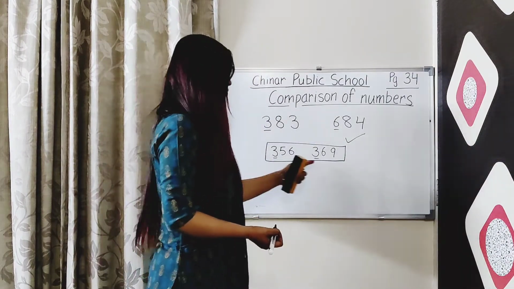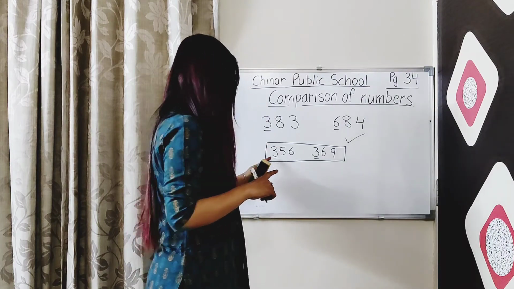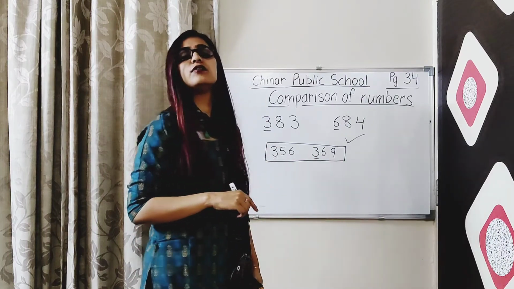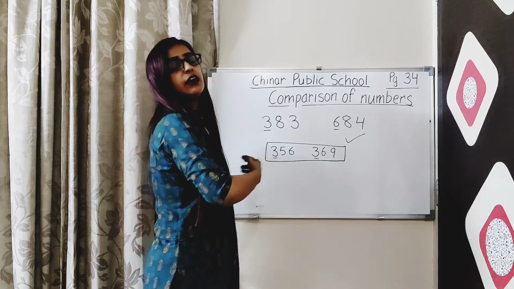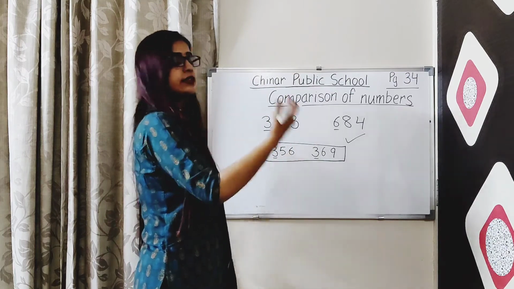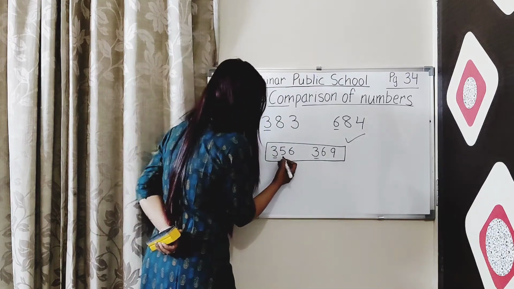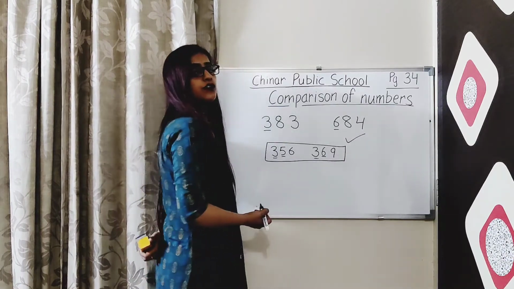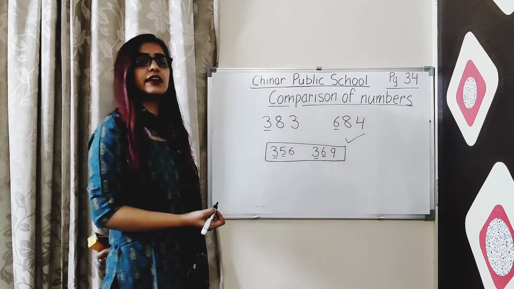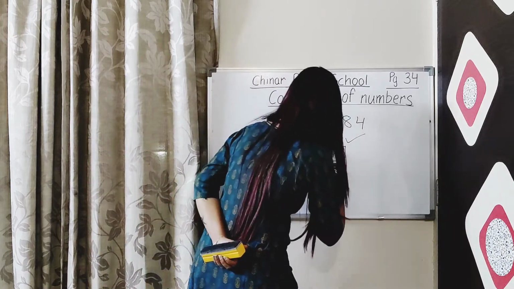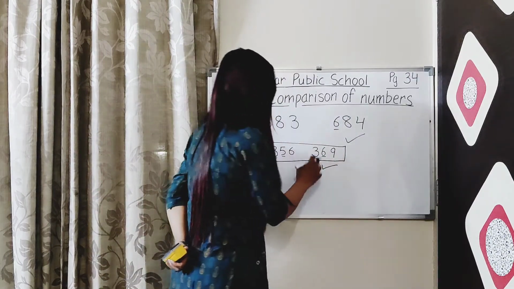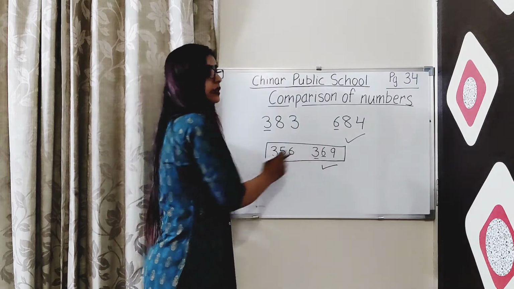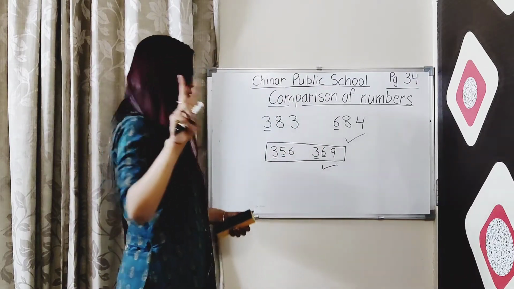If the first digits are the same, then we have to jump and check the next digit. This is 5 and here it is 6. So which one is greater, 5 or 6? 6, right? So this one is the greater number between these two numbers.